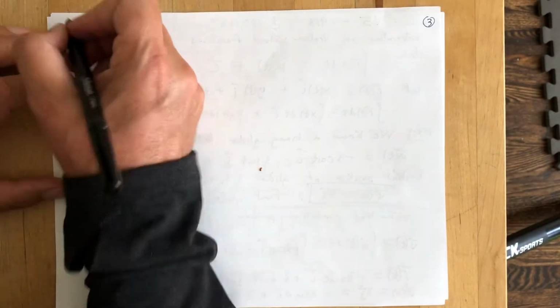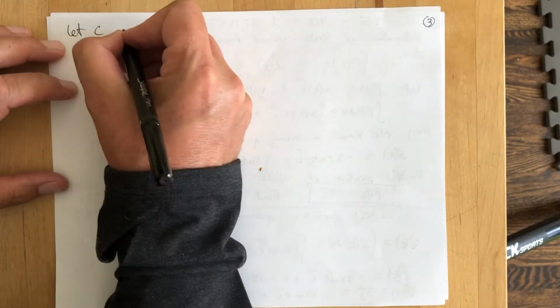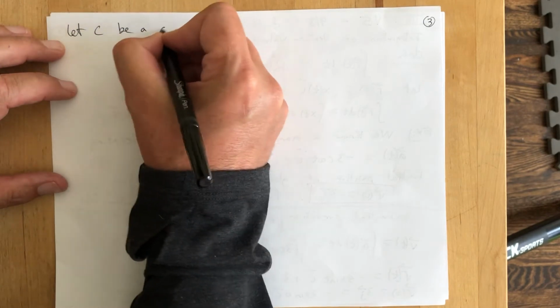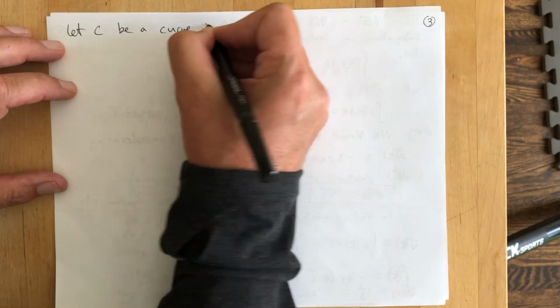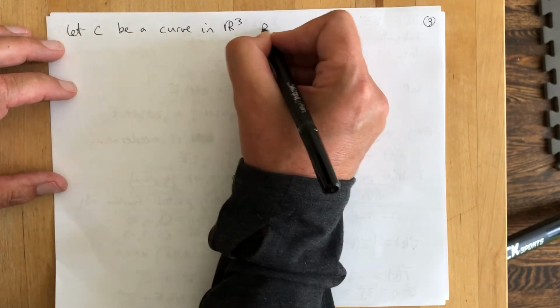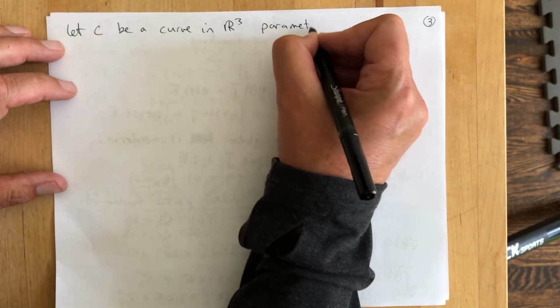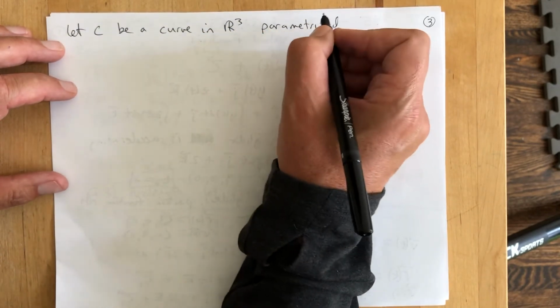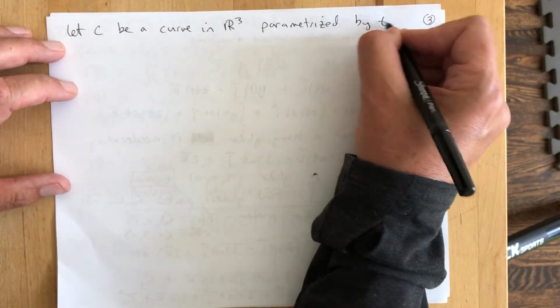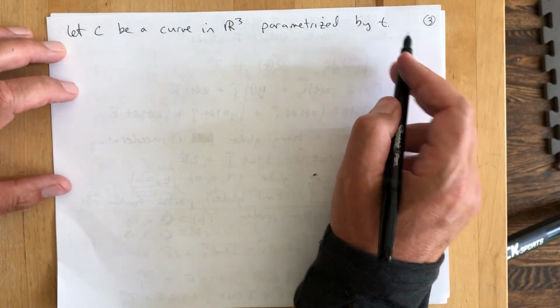All right, so I'm really focused now. We're gonna let C be a curve in 3-space, which is parametrized by t. So we're working with the time variable here.